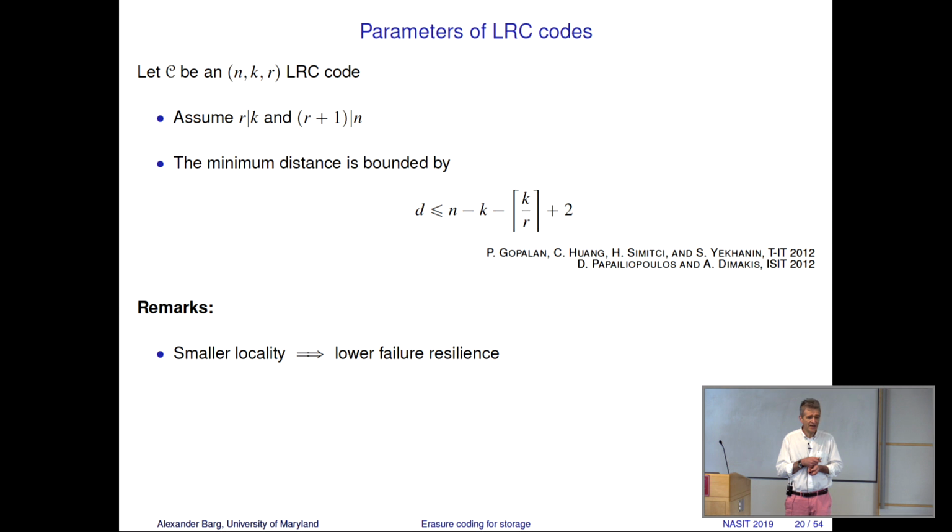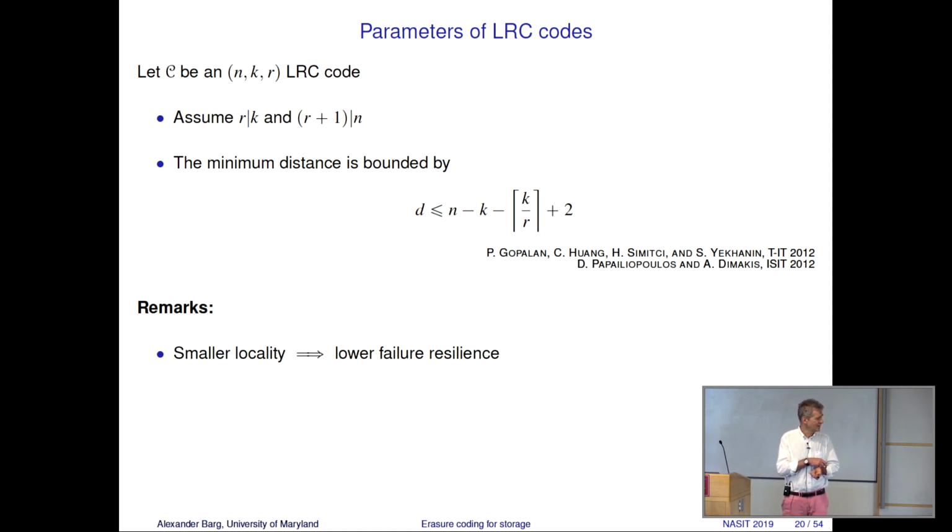So again, we pay in terms of the distance for having the locality property. Reed-Solomon codes would have higher distance, but Reed-Solomon codes do not have locality. So we retract a little bit in terms of the distance by k divided by r, and we may gain locality.